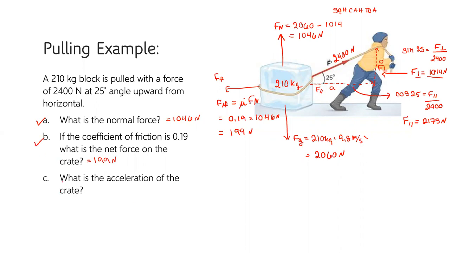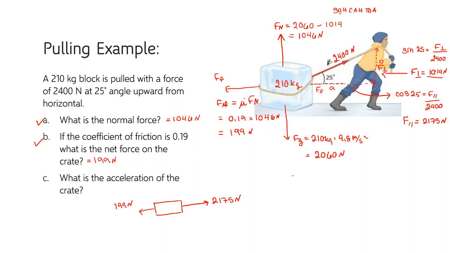Last piece is to calculate C. What's the acceleration of the crate? Now things are looking a little bit messy right now. The vertical forces are balanced. So we know vertically we don't have to worry about anything. If we want to take a look at our picture, maybe make it a little more simple. Forwards, we have the forward component of force is 2,175 newtons. Friction is in the other direction, and it's only 199 newtons.